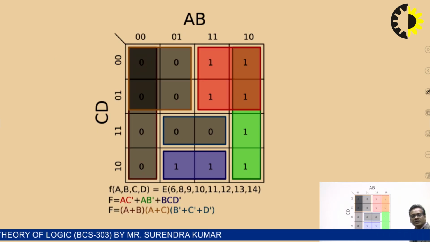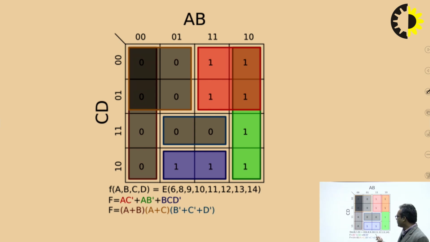As in the previous slides I have discussed, if you have SOP format, this is SOP format. By taking its complement or applying De Morgan's law, you will get POS format. So this is a POS format.